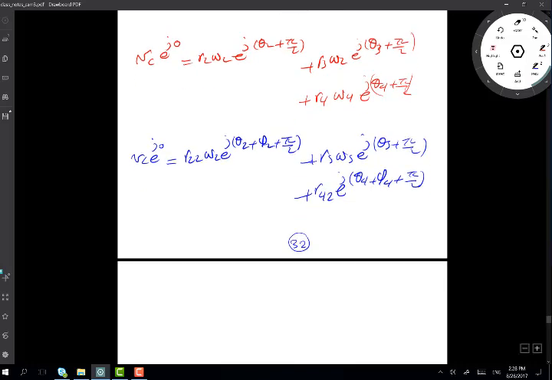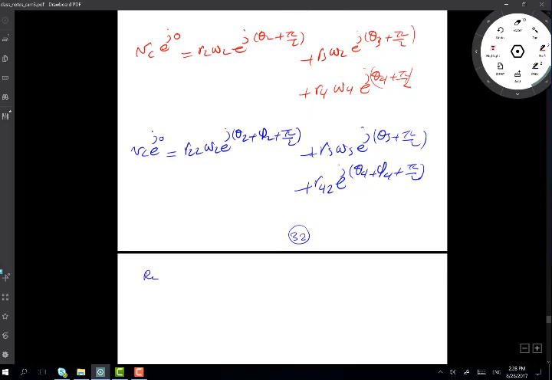Now, if I want to do my reals and my imaginaries, so I go real, first one, I have on my left hand side VC multiplied by cosine 0, which is 1.